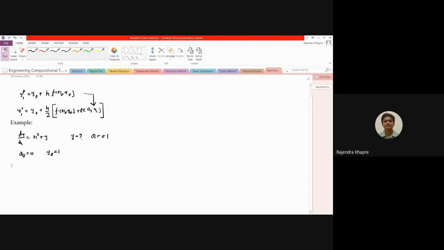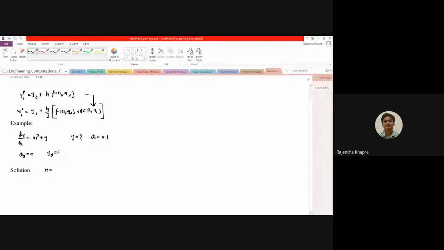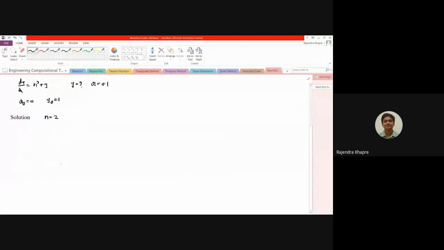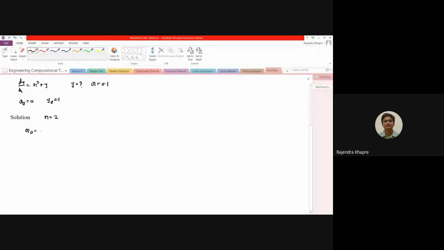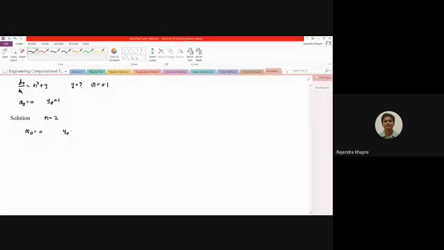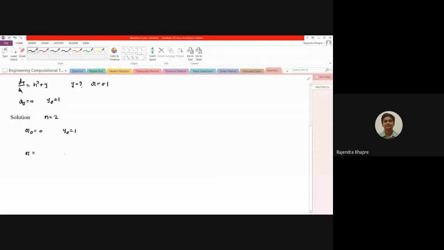You can take even one interval, but that compromises the accuracy of the solution. So the number of intervals is n equals 2. Right now we have x0 is 0, corresponding y0 is 1, and we are interested in the value of y when x is 0.1.